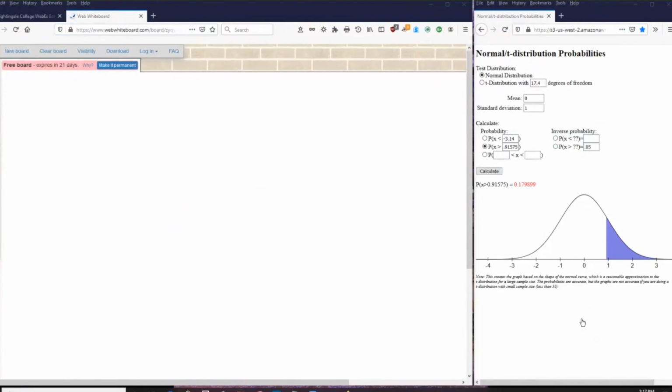So this next one is comparing two independent population proportions.